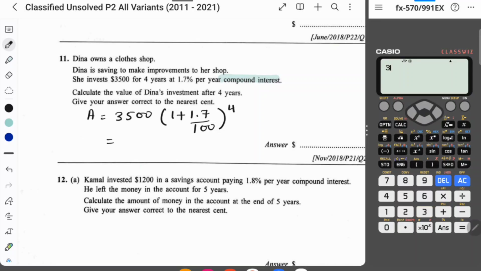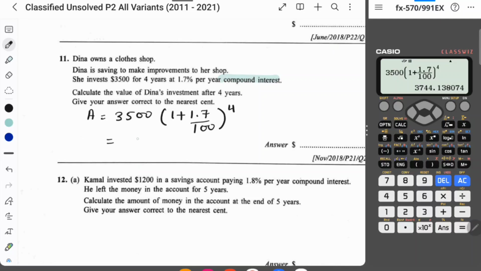So 3,500, and then bracket open 1 plus 1.7 upon 100, and go up to the power of 4, and then you will get the total amount, which is 3,744.14.